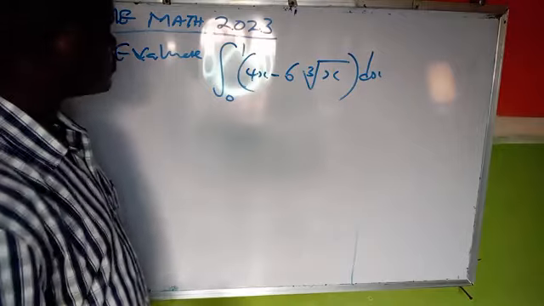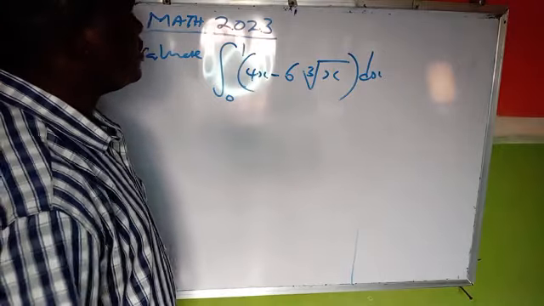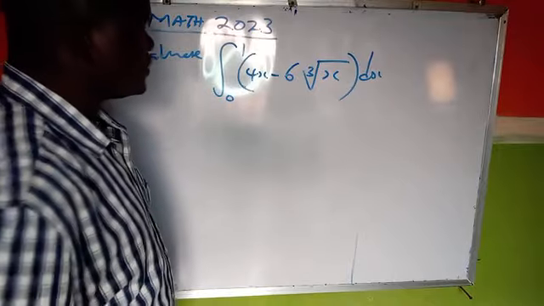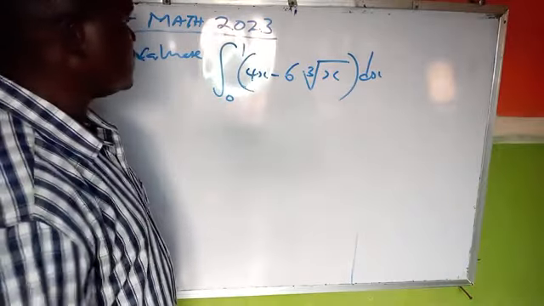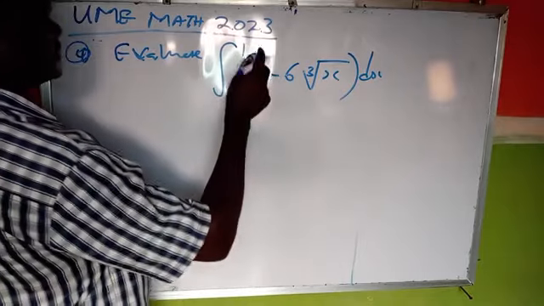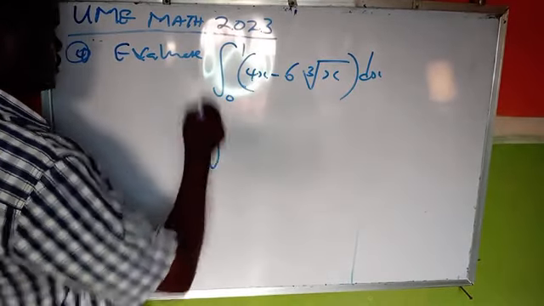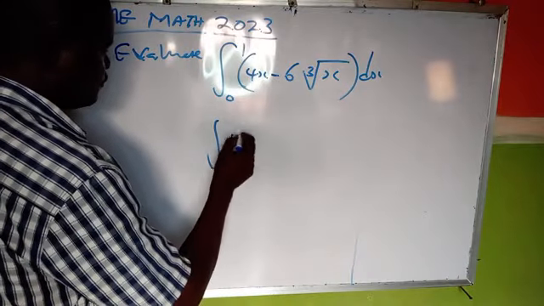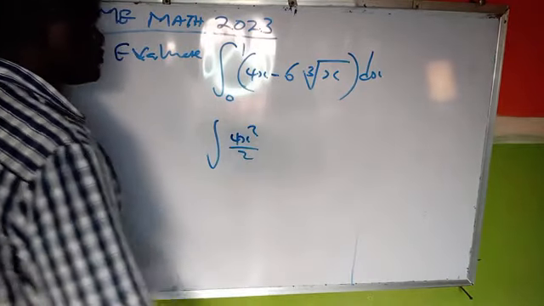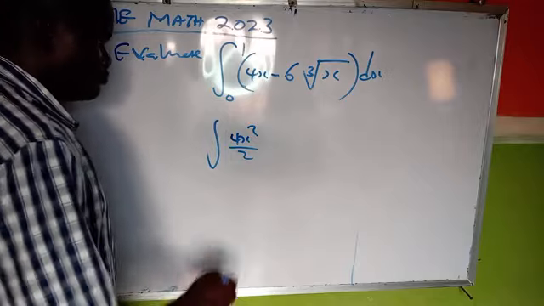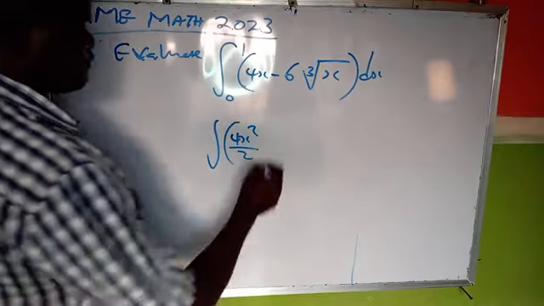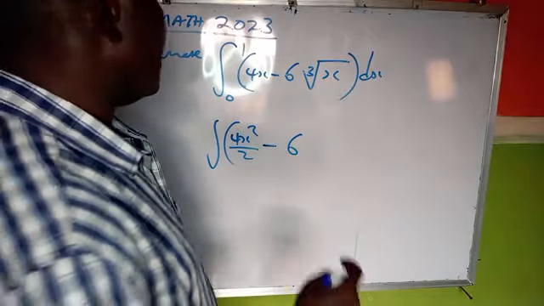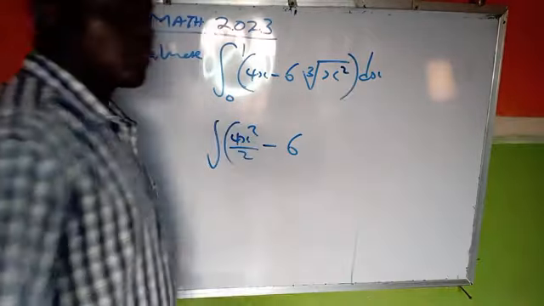Now, what you are going to do first is to integrate. Then you come and substitute for this. So how are you going to integrate? Look, first of all, integrate this. Integral of this will give you 4x squared divided by 2. Minus 6. Now, this one has a cube root.